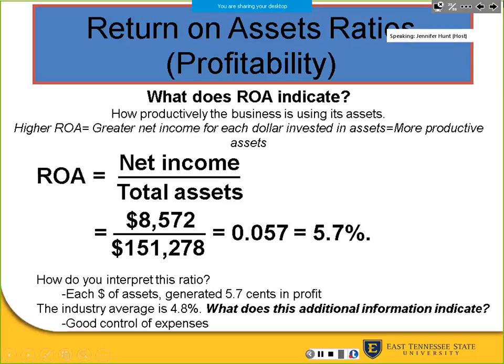We're able to leverage our assets so that they produce more for us than the industry average. We're able to bring in almost a cent more than the industry average in terms of profit, which sounds small, but when you think in the hundreds of millions or billions of dollars, that's a lot. So we're really good at controlling our expenses in terms of our return on assets.